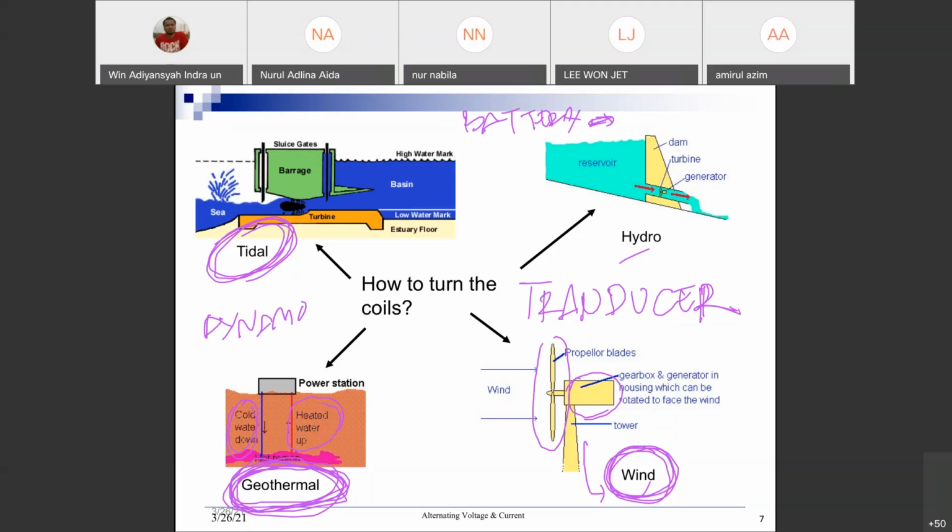Correct, kinetic, because they are using the rotation of a wheel. So kinetic to electrical, which is the light. We call it a transducer. There are many. So that is the generation of AC.